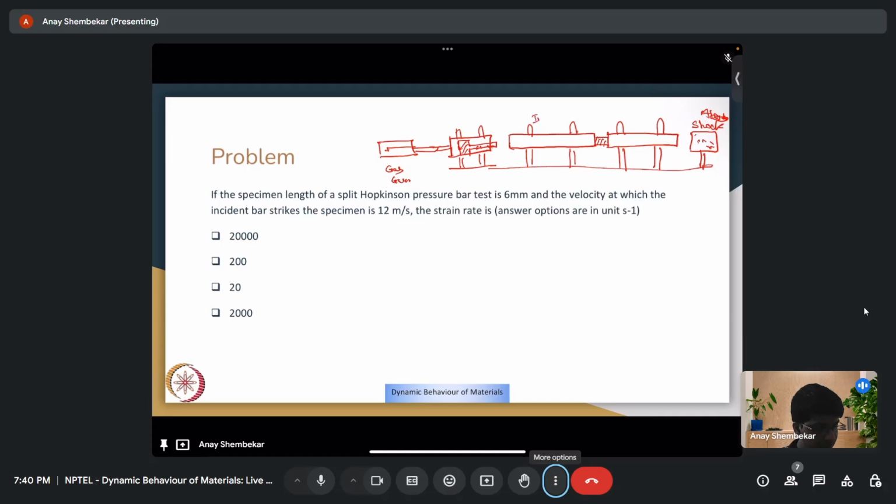This is my incident bar. This is my transmission bar. This is my specimen, and somewhere here you have two strain gauges to measure how strain changes with time at different instances.